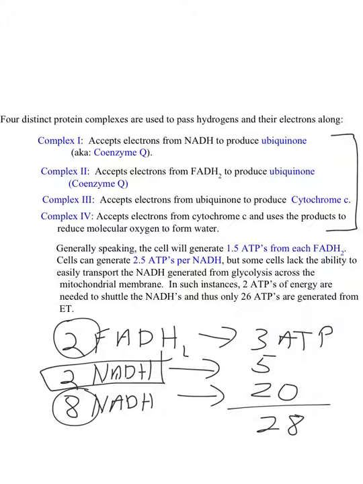A couple of ATPs. So, yeah, it's still worth it to bring it across. You still get a profit, but you don't get as much. So if we spend a couple of ATPs, there's a possibility of only getting 26. But, hey, what the heck? That's still a whole lot more than we got from glycolysis and Krebs cycle by itself, so electron transport is still worth it.